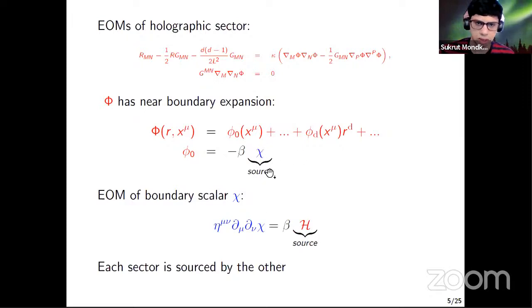As I said earlier, the two sectors talk with each other by sourcing each other. The massless scalar sources the holographic sector by the semi-holographic relation pi_0 minus beta chi, and the CFT operator sources the boundary scalar sector by modifying its equation like this. So each sector is sourced by the other sector.